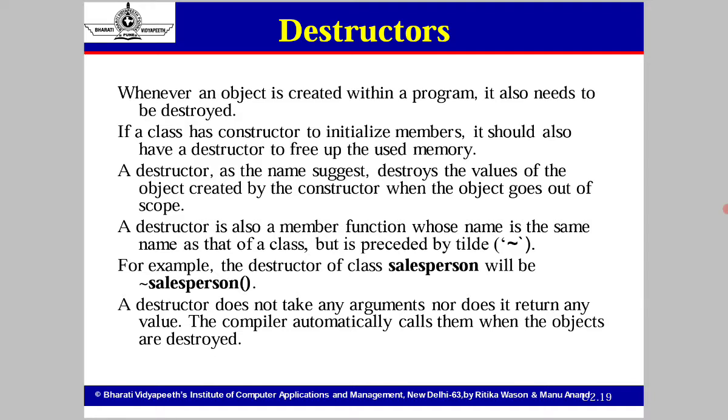All these values automatically go to garbage values. A destructor is also a member function. What is the difference between a constructor and a destructor? Destructors have the same name with a tilde symbol.